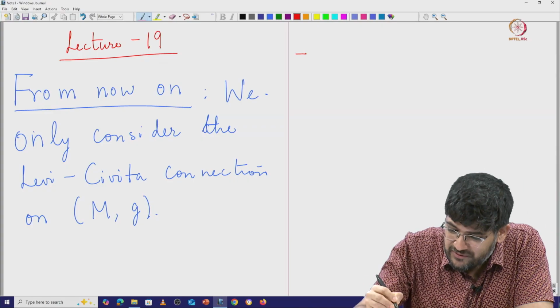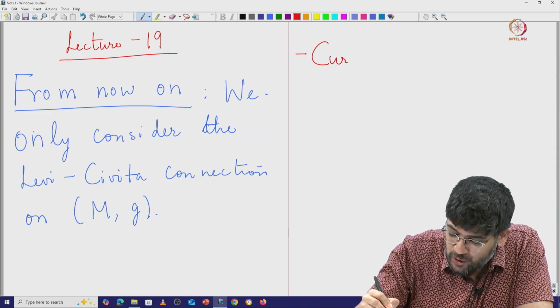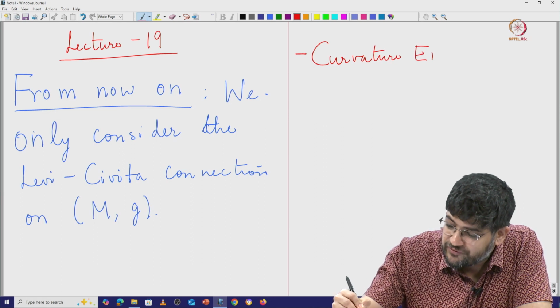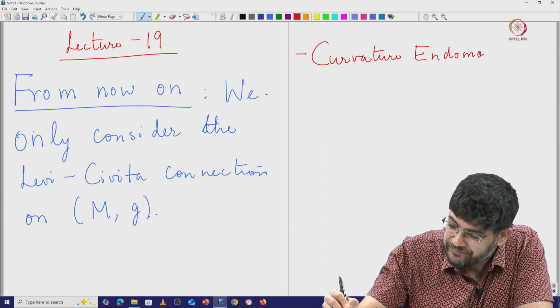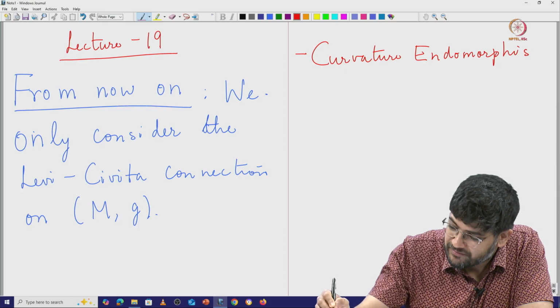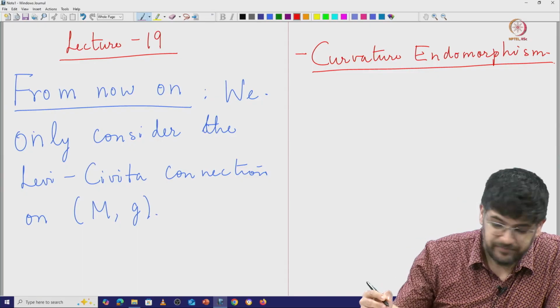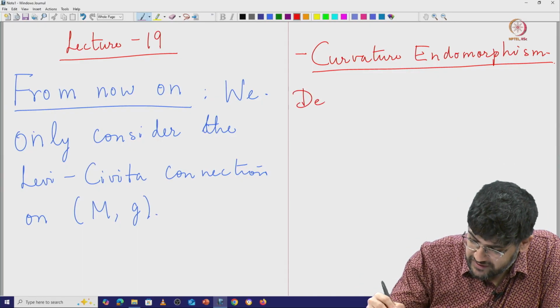Okay, but to begin with, I want to introduce what is called the curvature endomorphism of Riemann. Okay, so here's the definition.